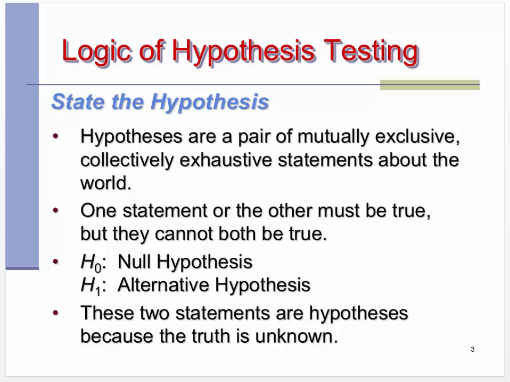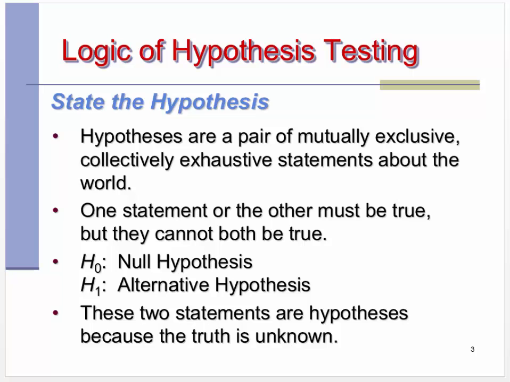Mutually exclusive means that the two have no overlap. Collectively exhaustive means that you add the two together, and that's all the possible outcomes. So one statement or the other must be true, but they cannot both be true. We know that already, because they're mutually exclusive. They cannot both be happening at the same time.